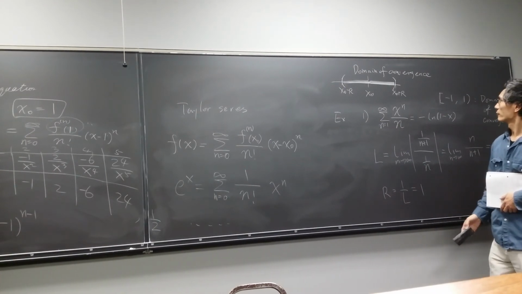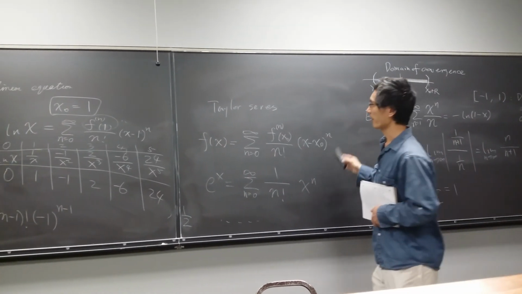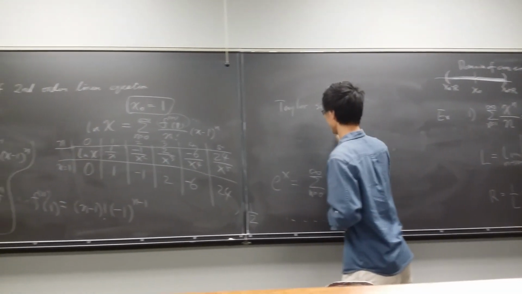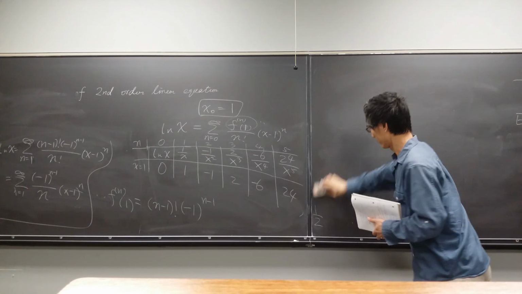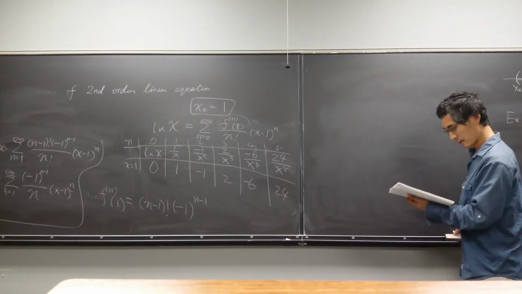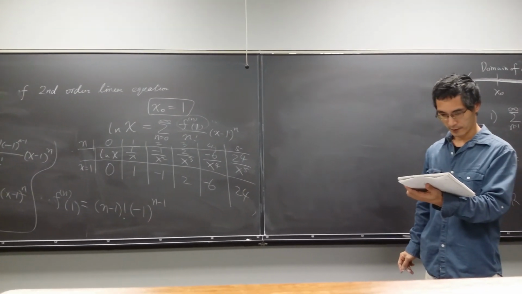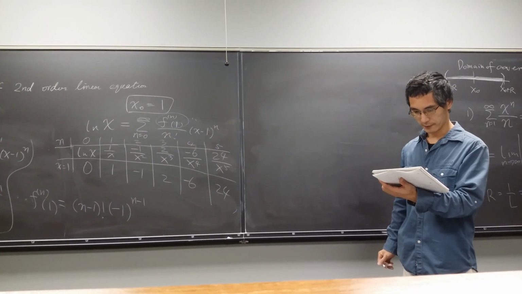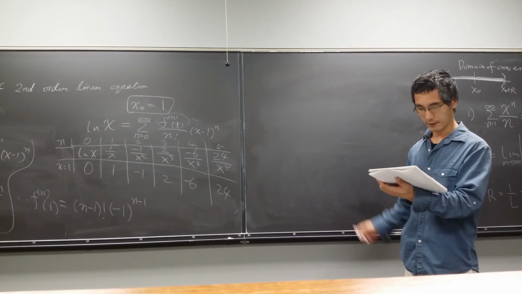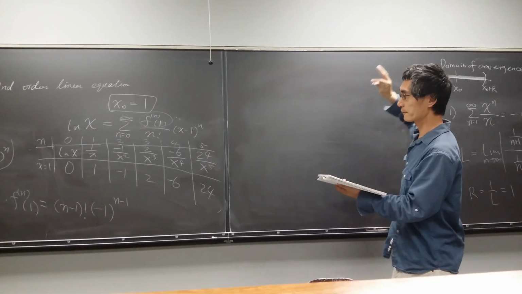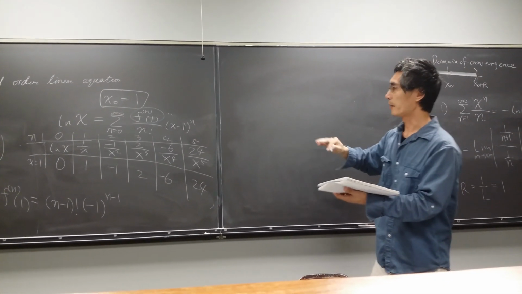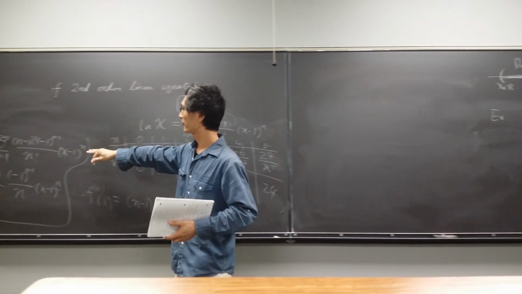Okay? So, we have seen enough power series. We have also seen what the Taylor series is, and we also saw what the domain of convergence is and how to find it. Oh, by the way, what is the domain of convergence of this?